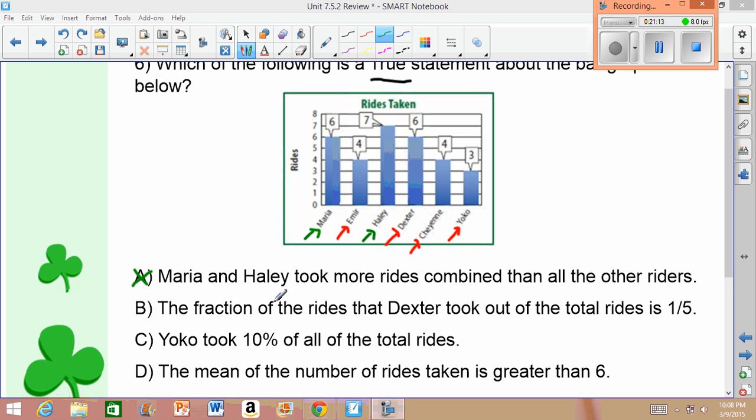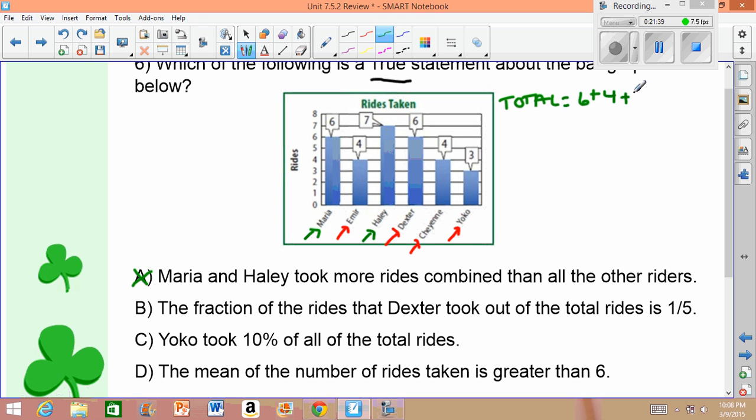So now let's look at statement B. So it's the fraction of the rides that Dexter took totals 1/5. So we first need to add our total number of rides as well. So if we just thought about what we had for A just a minute ago, we can add all this together. So 6 plus 4 plus 7 plus 6 plus 4 plus 3.